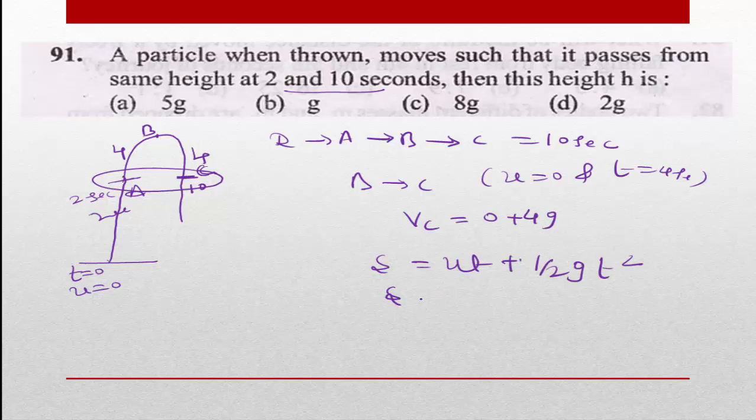Substitute the values here. S equal to ut, that is initial velocity 4g, plus 1 by 2 g into t square, at the 2 seconds, 2 square value is 4. Here 4 into 1 by 2 value is 2. 4 plus 2, the final answer is 10g.